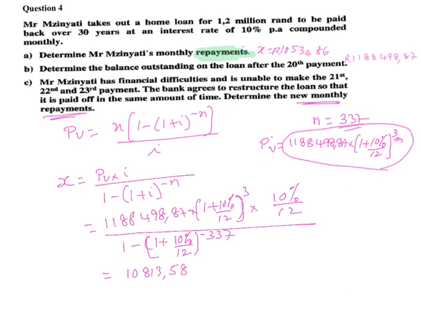So that is my new installment. My new installment is 10,813.58. The key here is the number of missed payments.